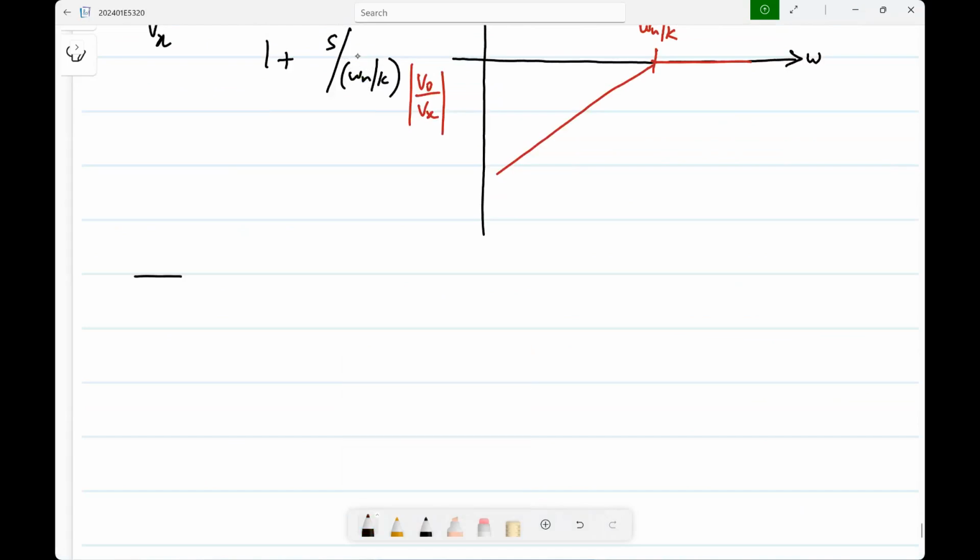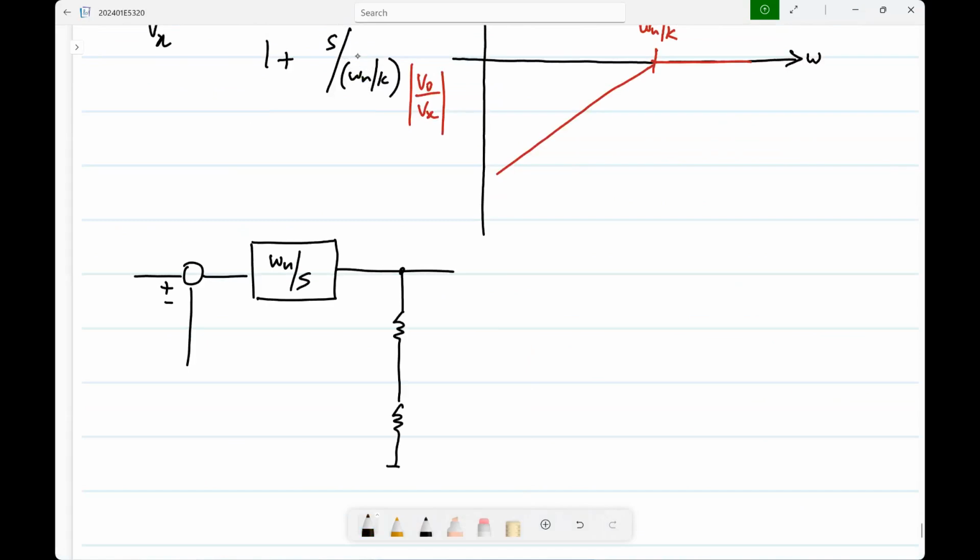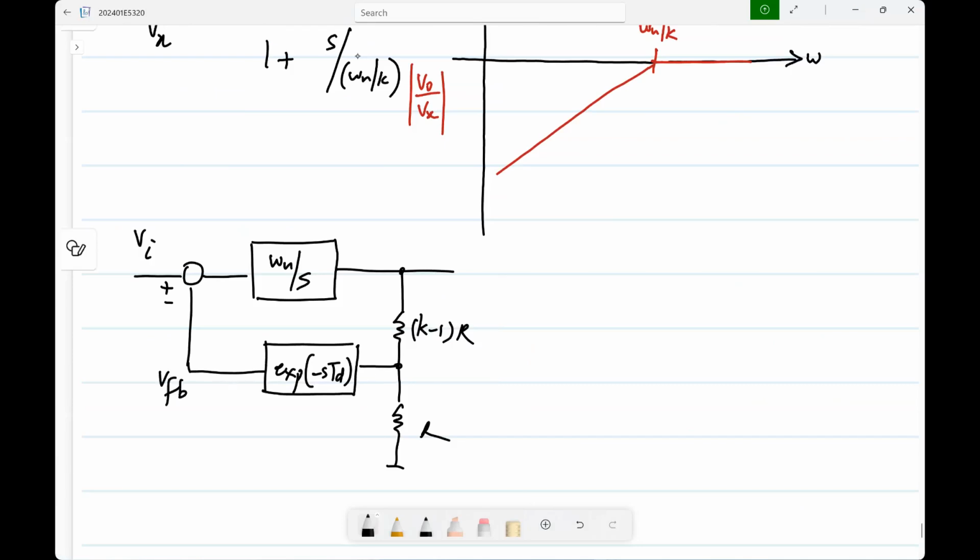So again, we will work with the analogies and then this is the integrator that is trying to drive the output to the feedback is delayed.